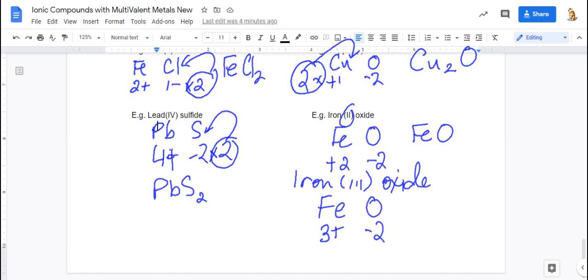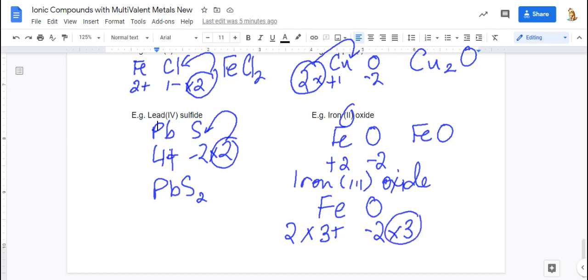So 3 and 2 multiply to give me 6. So if I multiply 3 plus by 2, I will get 6 plus. And if I multiply the -2 by 3, I will get 6 negative. 6 plus, 6 negative gives me a 0.